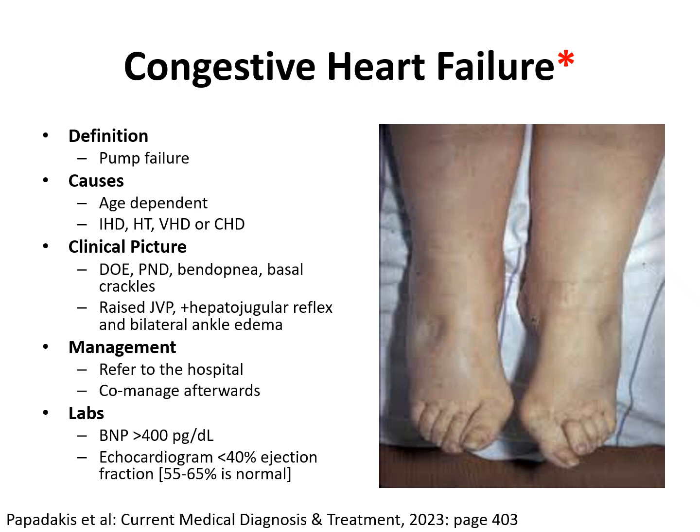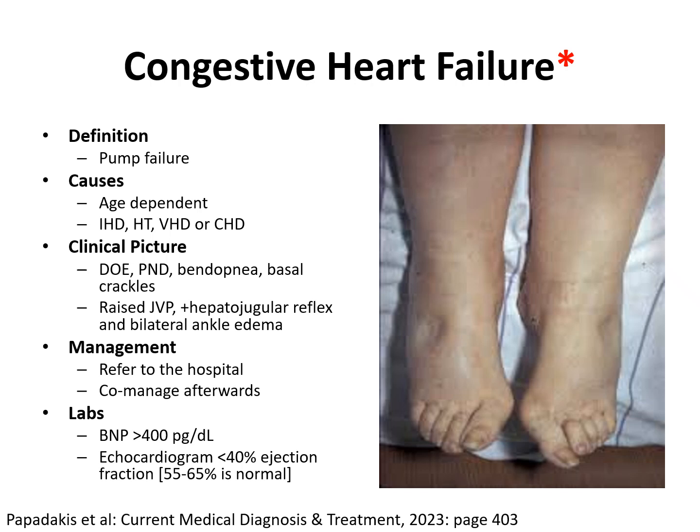Should you suspect a patient having congestive heart failure, refer the patient to the hospital and then co-manage with the medical doctor afterwards. The labs that they're going to order in the hospital are your BNP, B-type natriuretic peptide, with a value greater than 400 picograms per deciliter. That is a very good screening tool, but it's not the diagnostic tool.